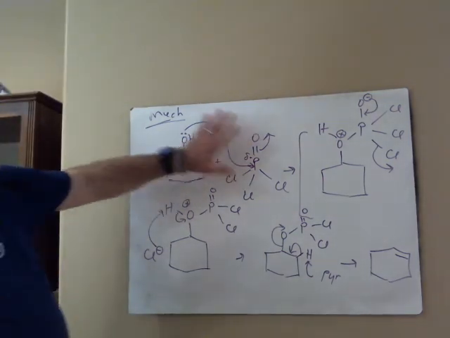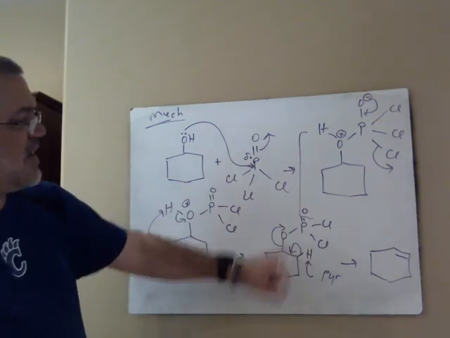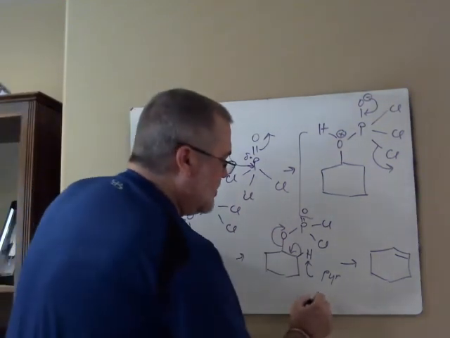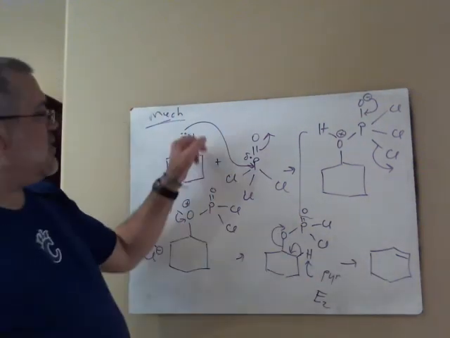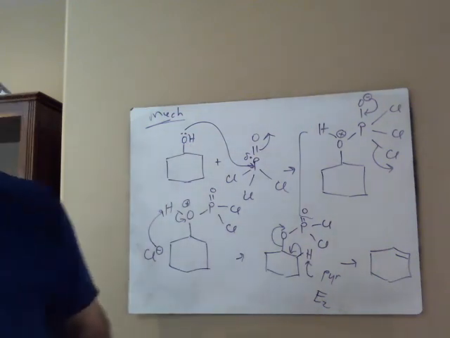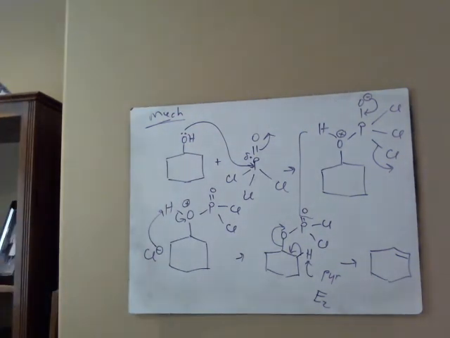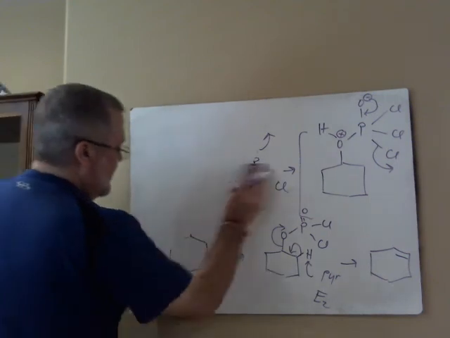So POCl3 creates a good leaving group, which can then be eliminated through an E2 mechanism to give the alkene product. And this will work equally well if this is primary, secondary, or tertiary. Okay, so that's a dehydration reaction that works well, alcohol to alkene.